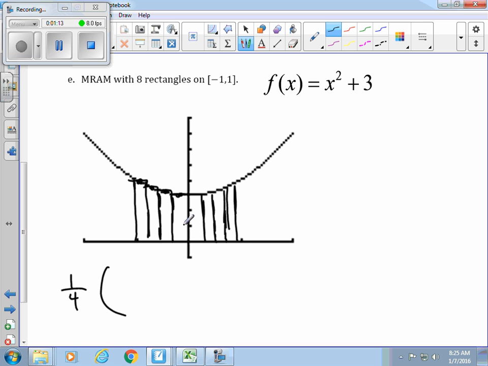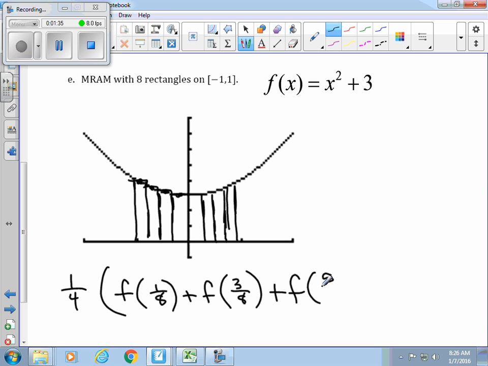My height of my first rectangle on the right is f of 1/8. 3/8. Does everyone agree? 3/8. 5/8.